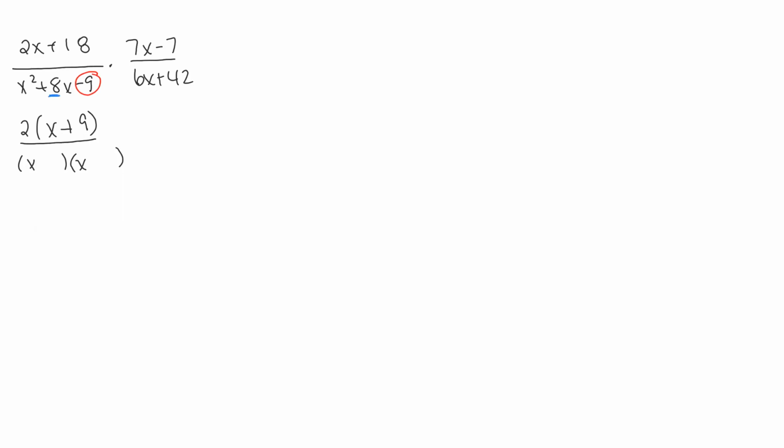So if I think of factors of 9, one positive, one negative, the factor pair that works here would be +9, -1. If I multiply 9 and -1, I get -9. If I add 9 and -1, I get 8. So that's the first rational expression.